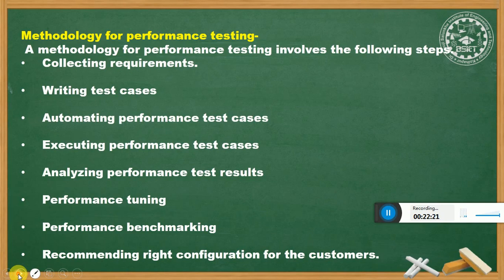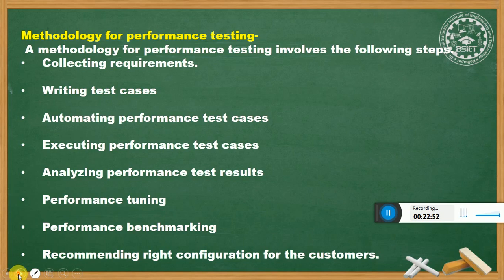So the methodology for performance testing involves the following steps. First is, you have to collect the requirements. Secondly, we have to write the test cases. Third, automating performance test cases. Fourth, executing performance test cases.